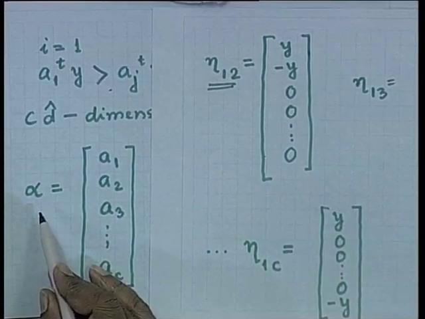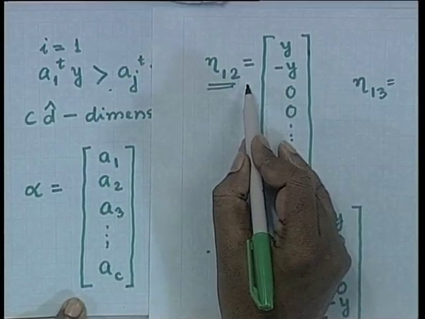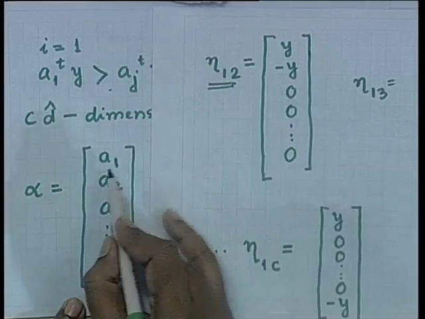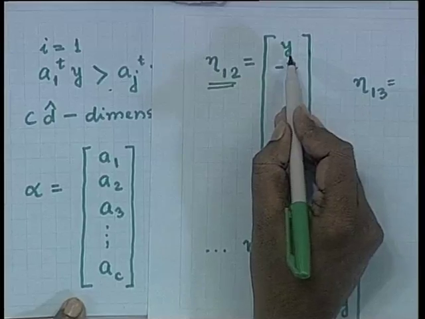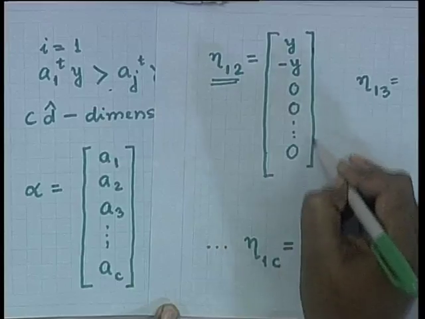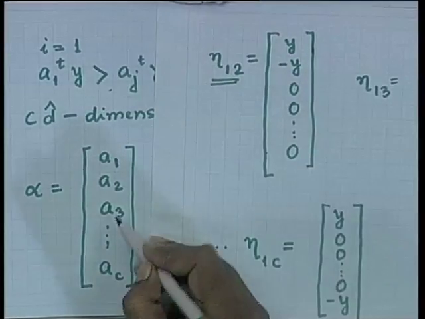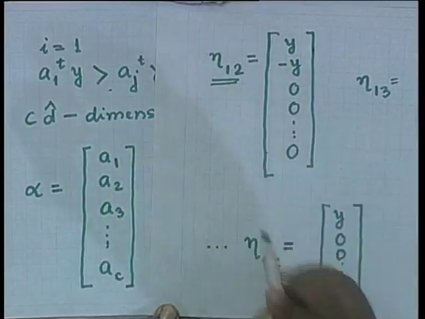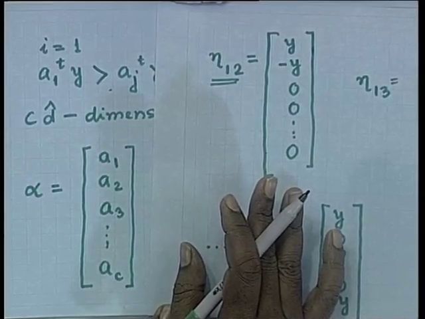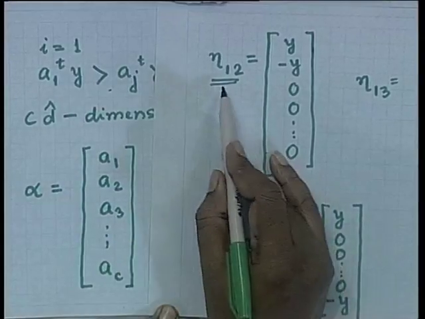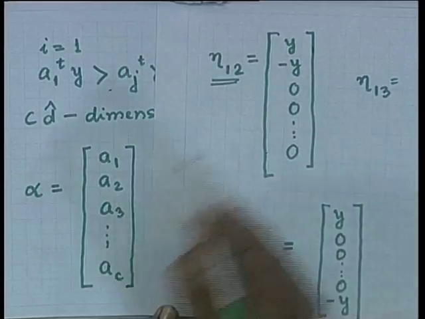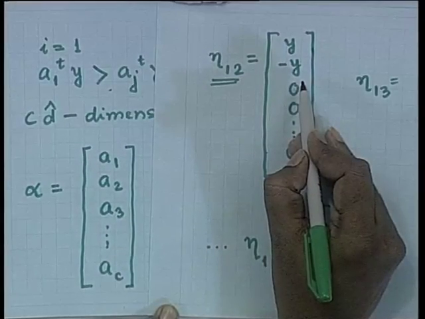So, if I take alpha transpose eta 1 2, that computation will be equivalent to a 1 transpose y minus a 2 transpose y. Rest of the components in eta 1 2 are 0, so that corresponding vector multiplication will not have any effect on the result. So, alpha transpose eta 1 2 is simply a 1 transpose y minus a 2 transpose y, right.